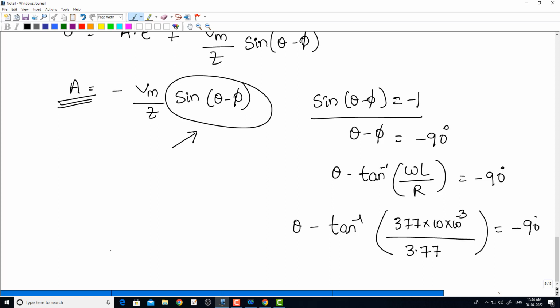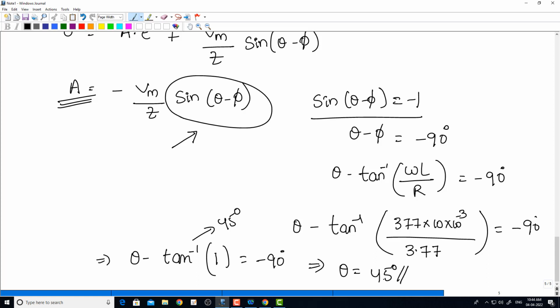So theta minus tan inverse of 3.77 divided by 3.77 is equal to minus 90 degrees. Implies theta is equal to tan inverse of 1 is 45, right? So theta is equal to 45 degrees minus 90, that is minus 45 degrees.